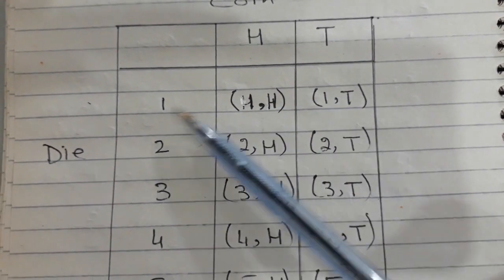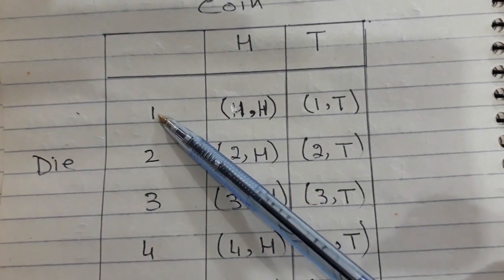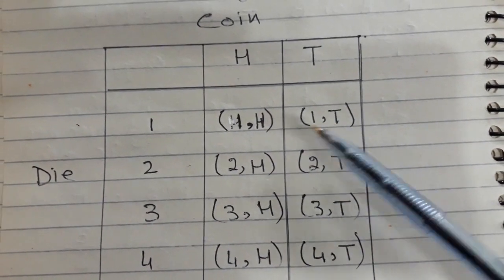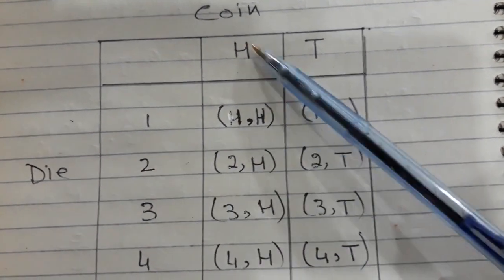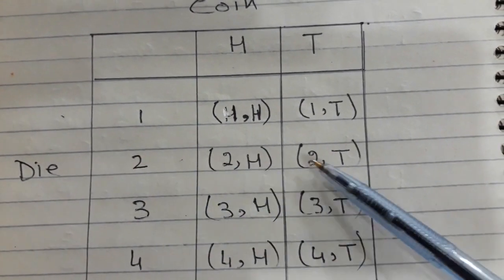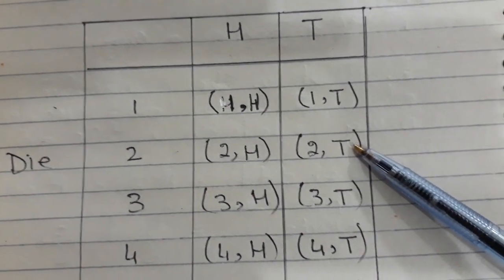In this case, because it is coming like this horizontally and vertically, I will say 1H and 1T for tail. In this case, first suppose I got 2 and then I got head. In this case, suppose I got 2 on die and tail second.